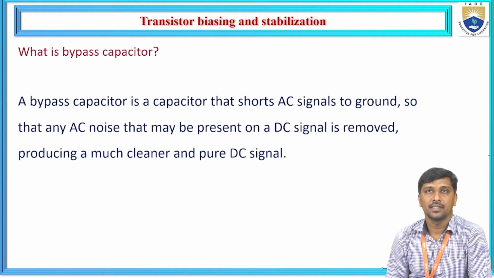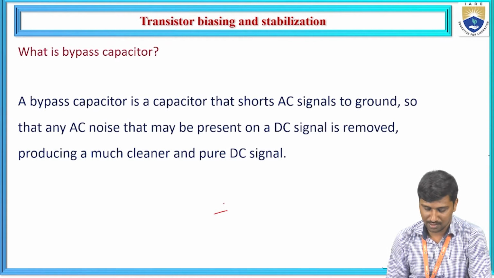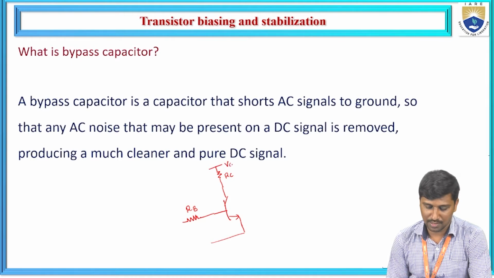Now, what is a bypass capacitor? In a transistor amplifier, let us consider a transistor in a common emitter configuration, where the input is biased through a resistance, let us take this as RB, and the output side is biased with a collector resistance through the DC voltage source, let us take VCC.